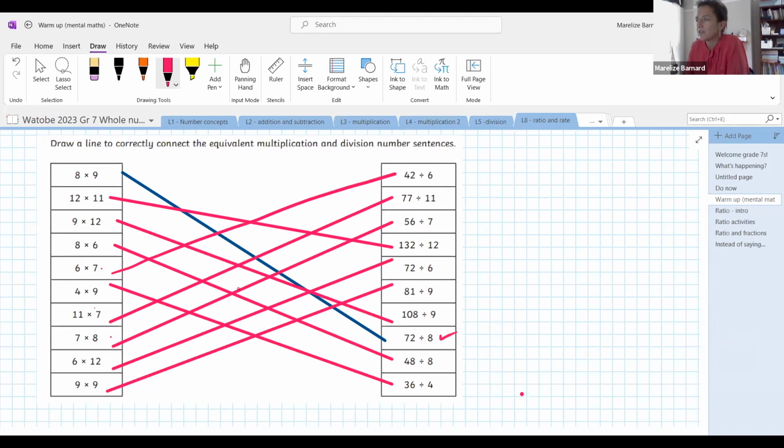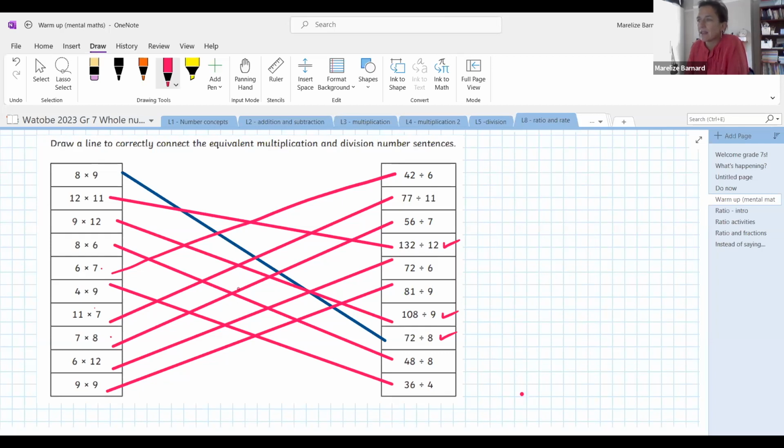So 132 divided by 12 matches with 12 times 11. Then 9 times 12, we work that out, that's 108. And 108 divided by 9 is going to be 12. So those two go together.